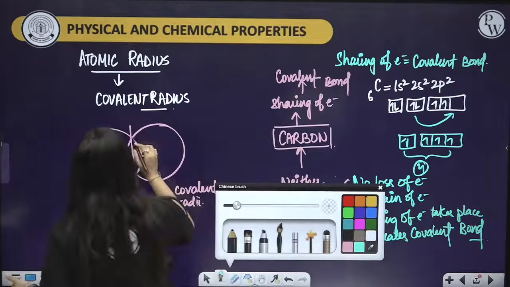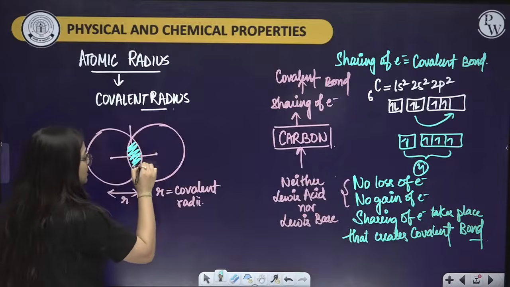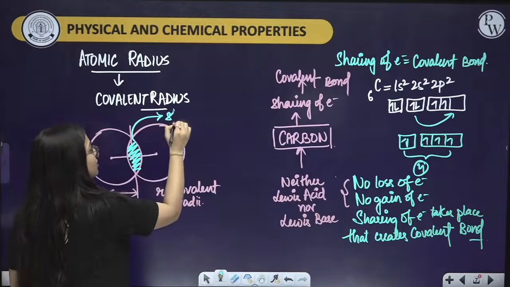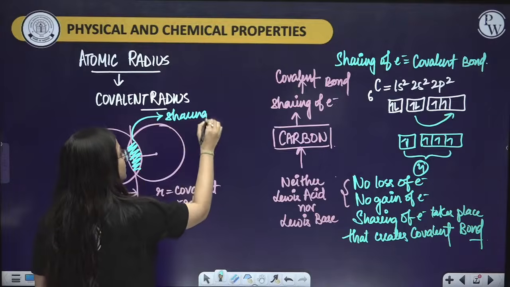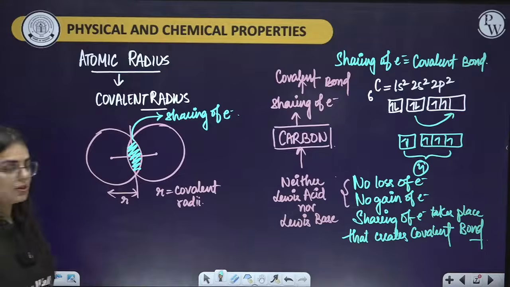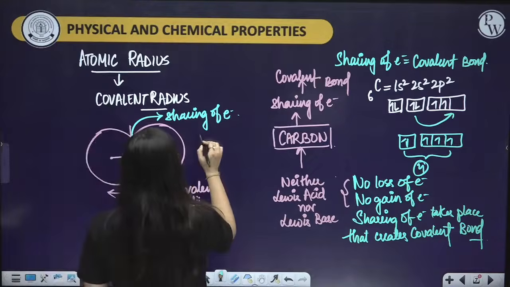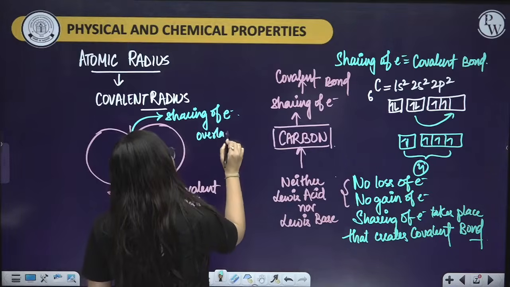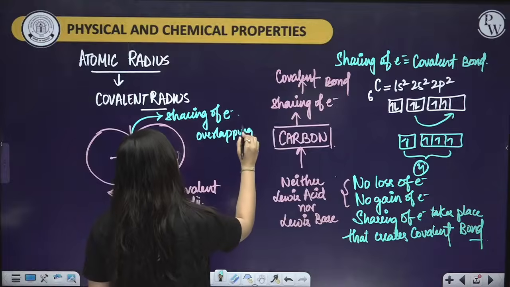This area is basically the sharing of electrons. This is the overlapping region. Here overlapping is seen, where electrons are being shared.